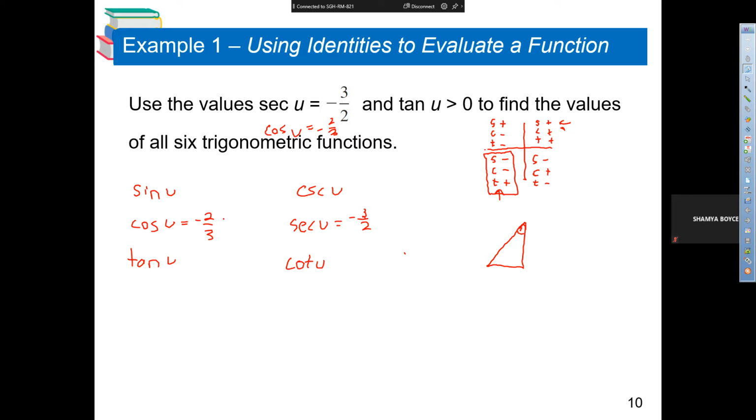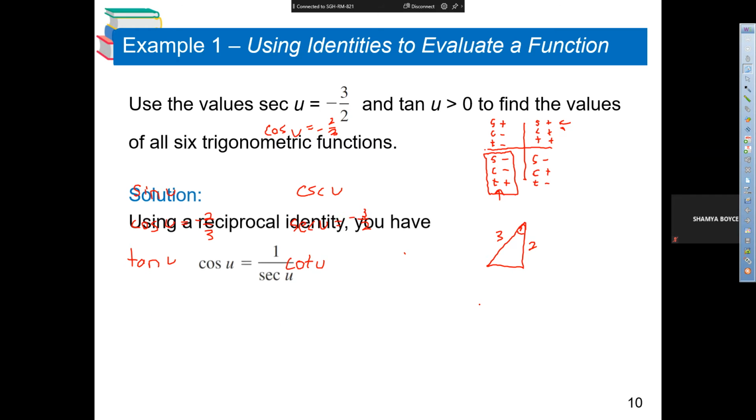SOHCAHTOA: adjacent over hypotenuse, where the adjacent is right here, which we can ignore the negative on, but that's 2. This is 3. And then we can use that to find the other one. I think that's where they're going with this. Let me double check, make sure.